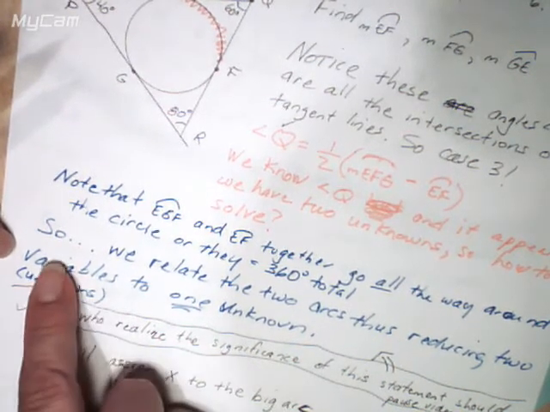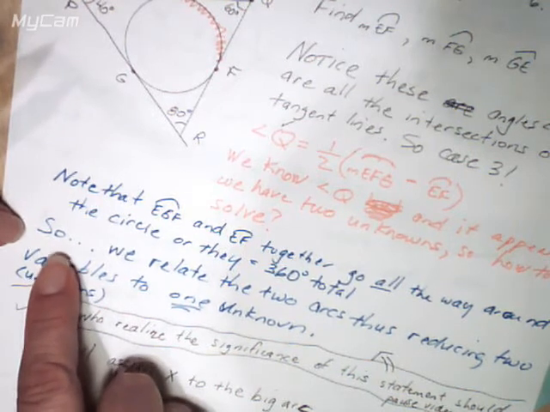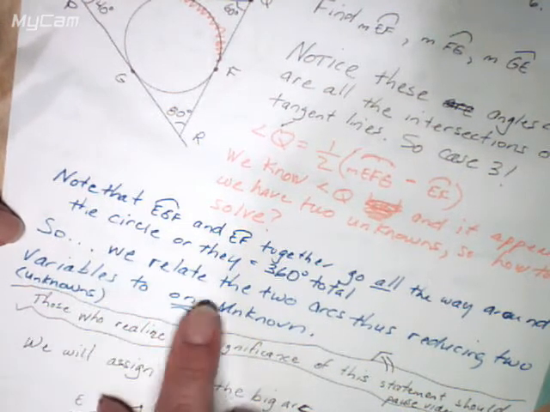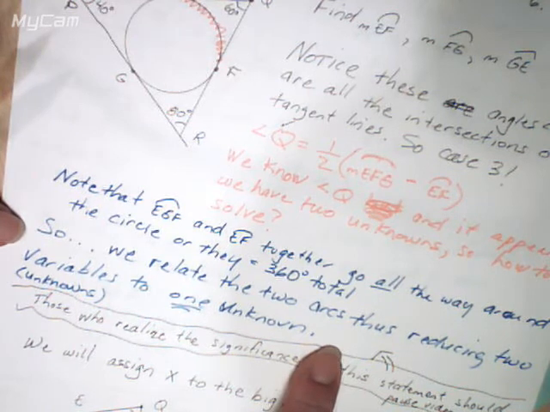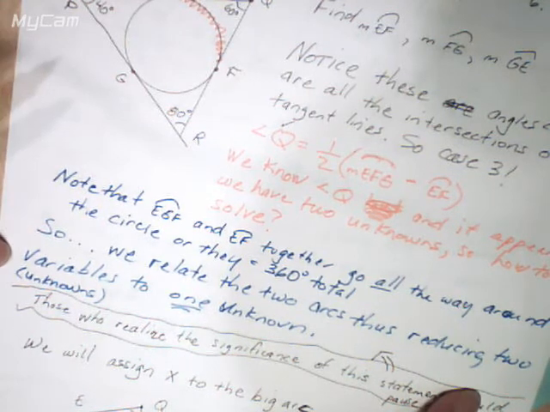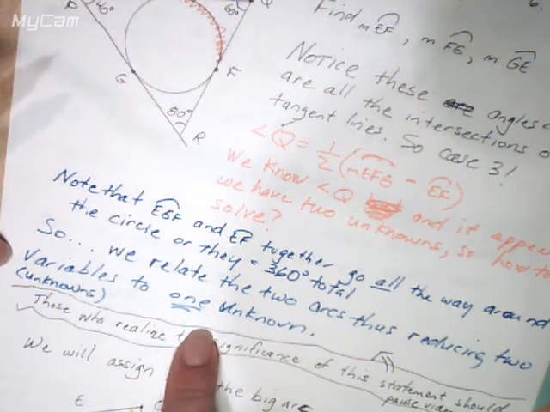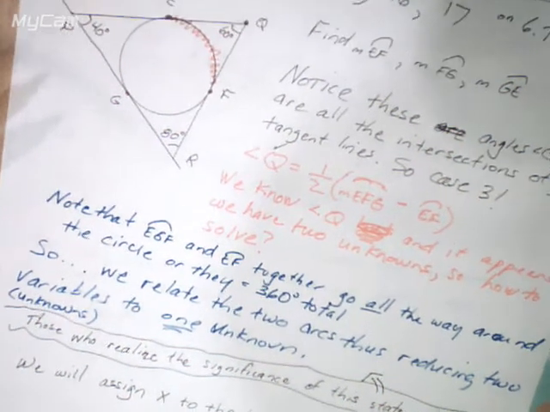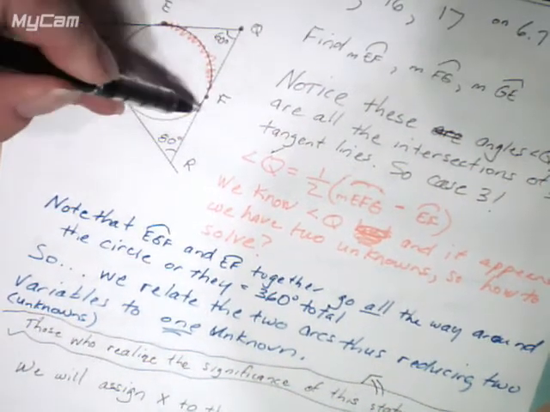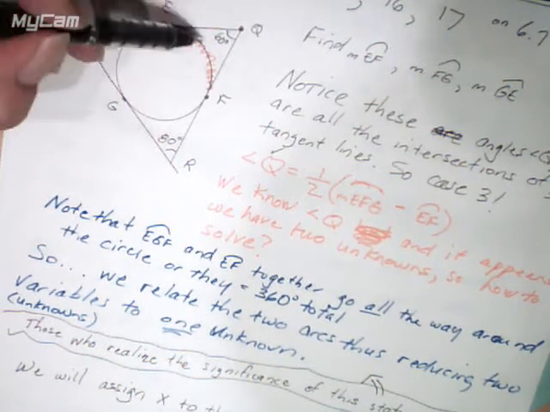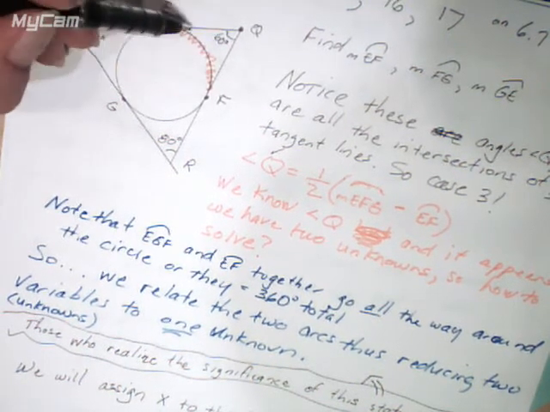What I just said, I'm going to repeat. We have to relate the two arcs to each other, thus reducing two unknowns to one unknown. All right, so think about this. EGF is part of the circle. EF is the rest of the circle.